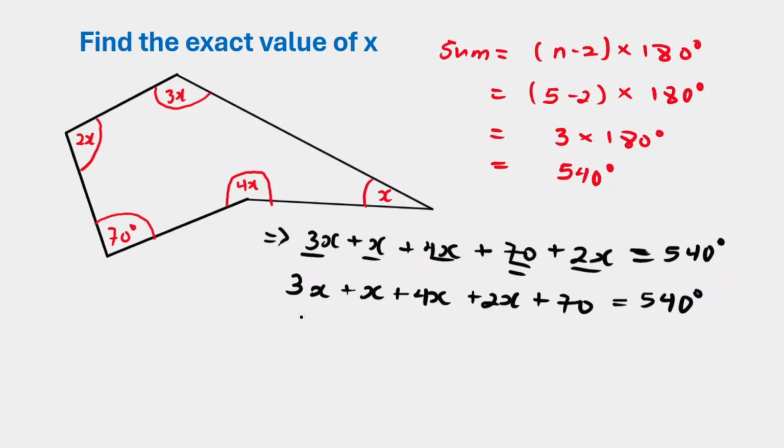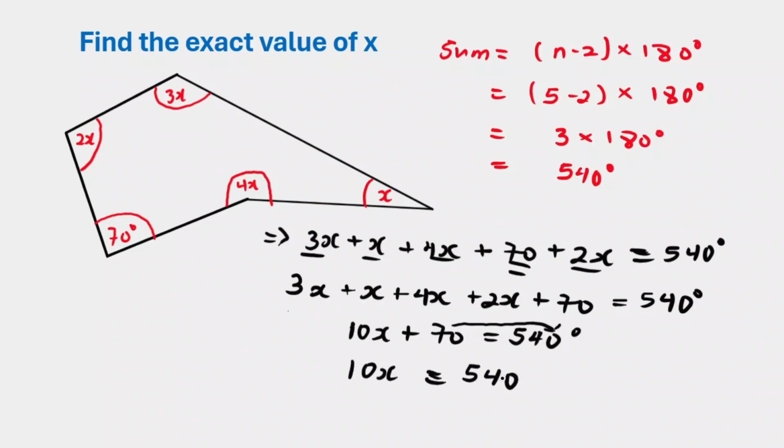At this point, we have to simplify the like terms. 3x plus x is going to give us 4x, plus 4x would be 8x, plus 2x is going to be 10x. So we have 10x plus 70 equal to 540 degrees. So what do we do? We subtract 70 from both sides, or simply we take 70 to this side. So we're going to get 10x equal to 540 minus 70.